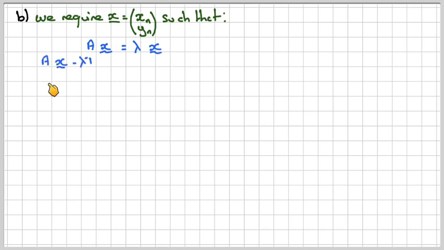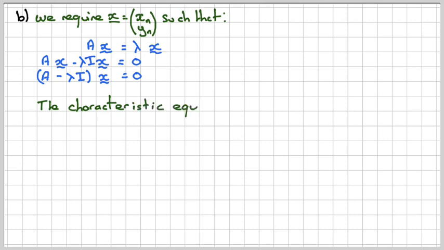If we rearrange this, we've got (A minus lambda I) x is equal to 0. And then the determinant of this matrix would have to be equal to 0 in order to give a non-trivial solution. So det(A minus lambda I) is equal to 0.